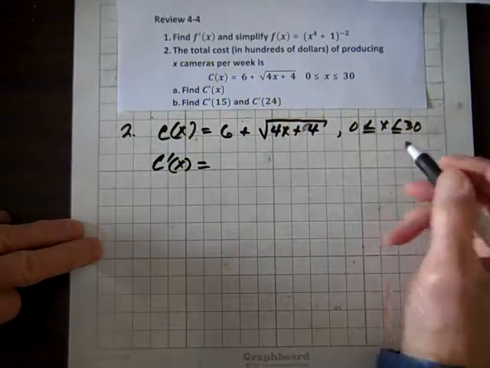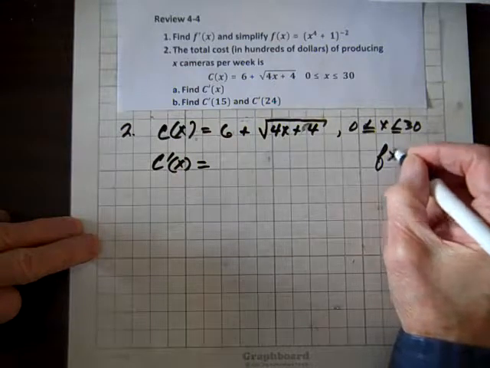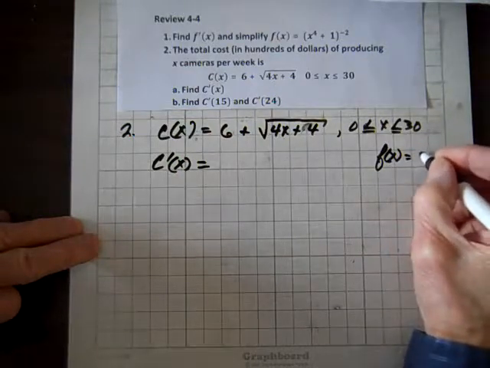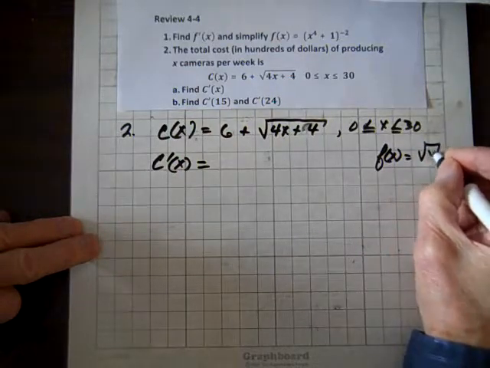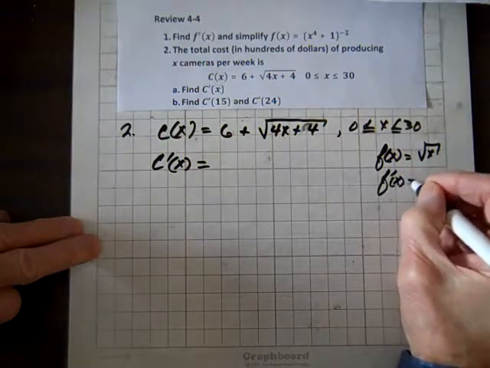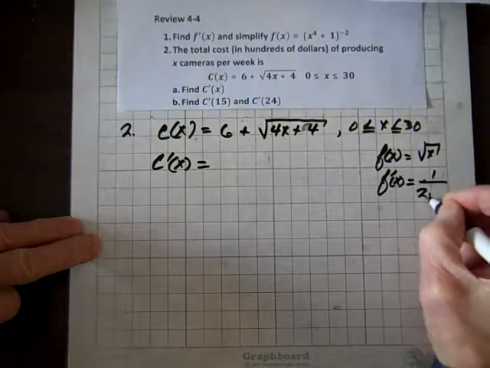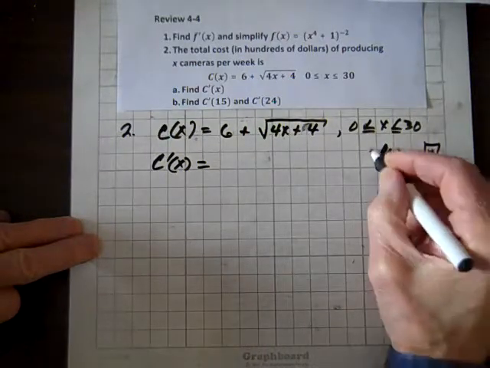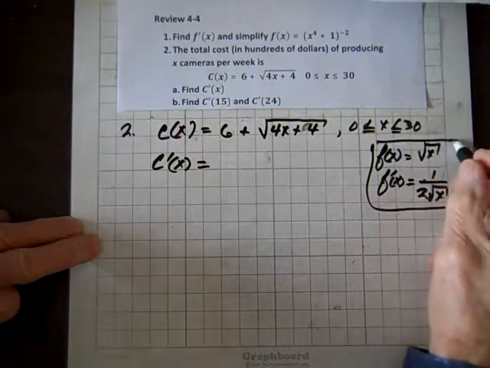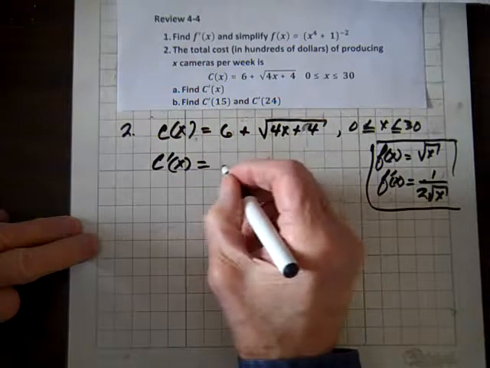Now as you well know, and we've said before, anytime you have, say, f of x equals square root of x, then f prime of x, I've asked you to memorize this, equals 1 over 2 root x.